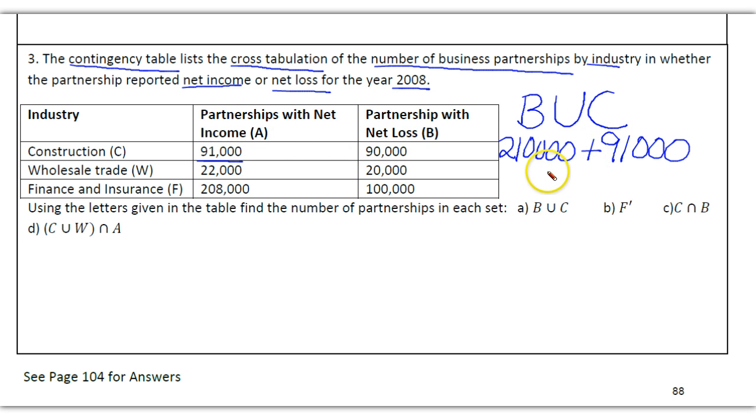And this will give us then, for our contingency value of 301, or 301,000. That is for letter A here.